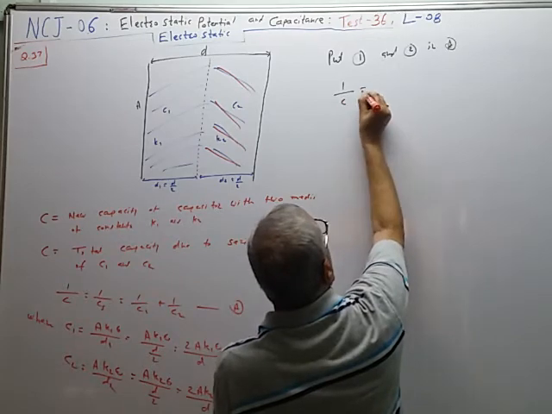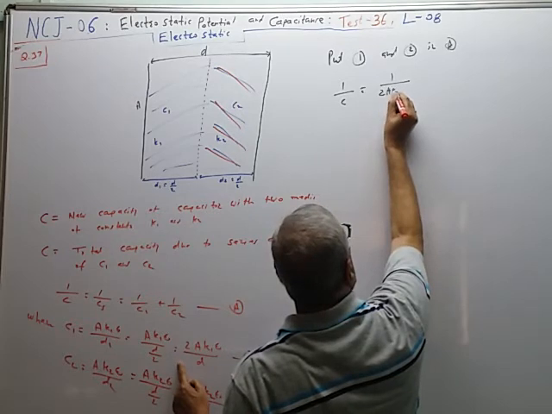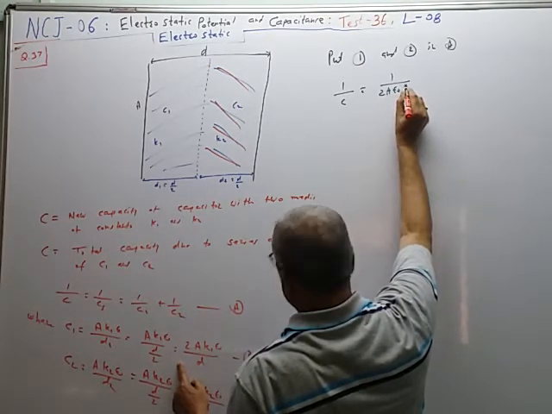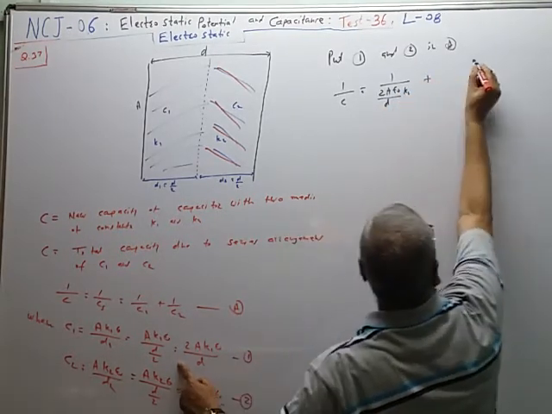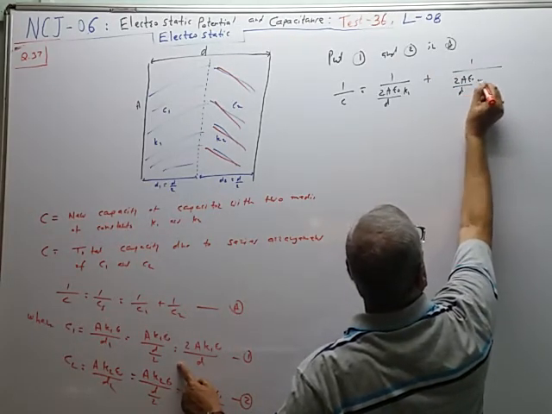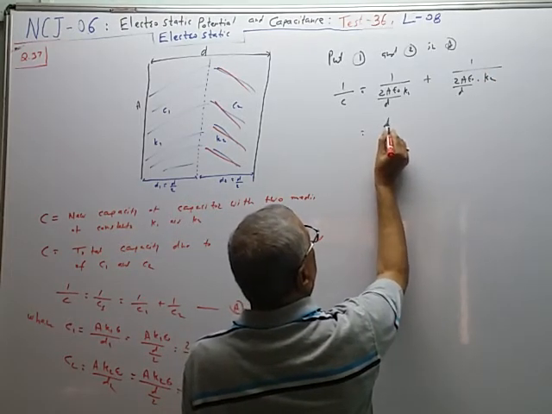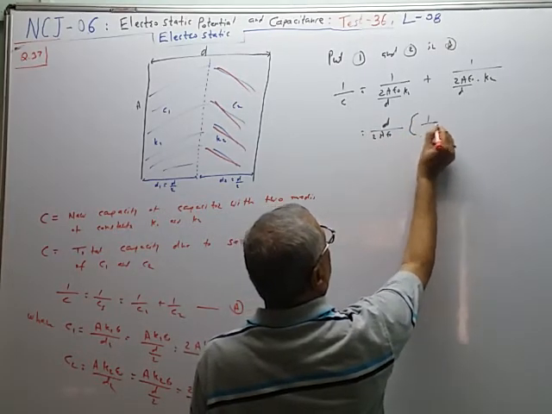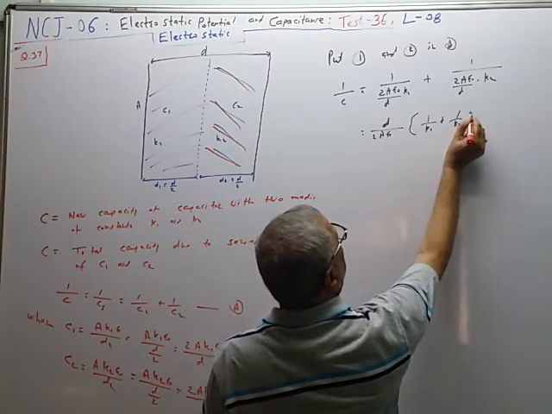Therefore, 1 upon C is equal to 1 upon this C1 is equal to this 2 A epsilon naught upon d K1 plus 1 upon, this is common part, 2a epsilon naught upon d into K2. Therefore this is equal to d upon 2a epsilon naught common into bracket 1 upon K1 plus 1 upon K2.